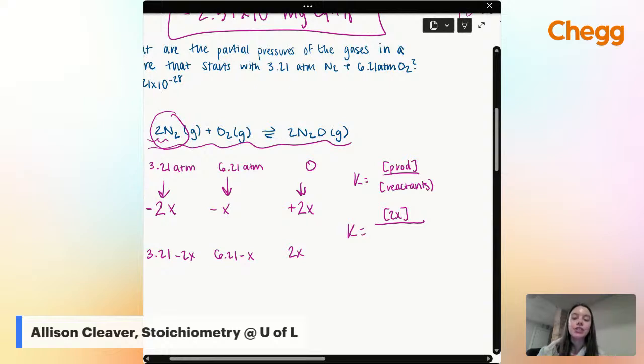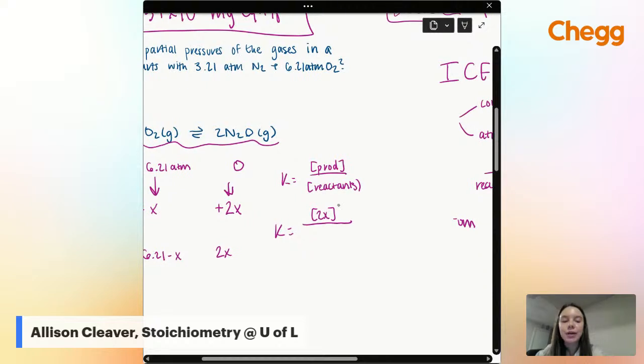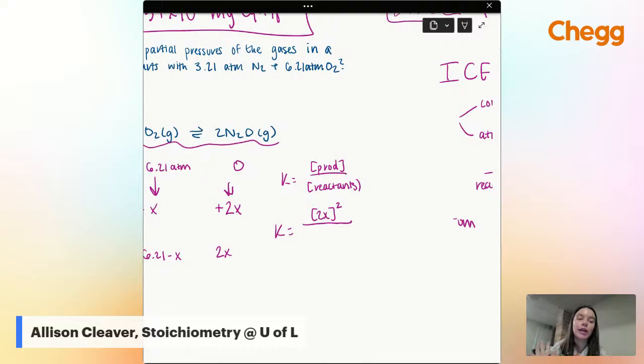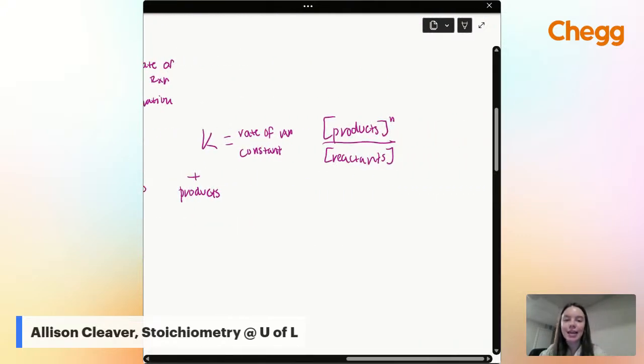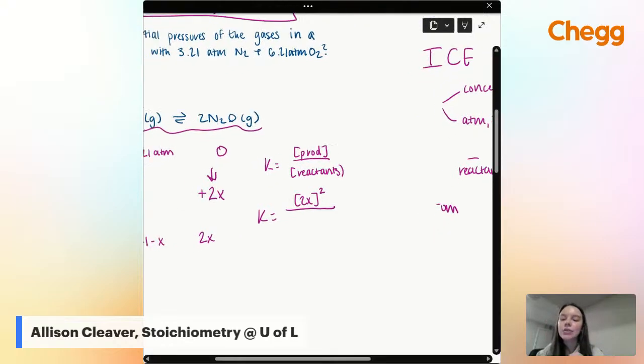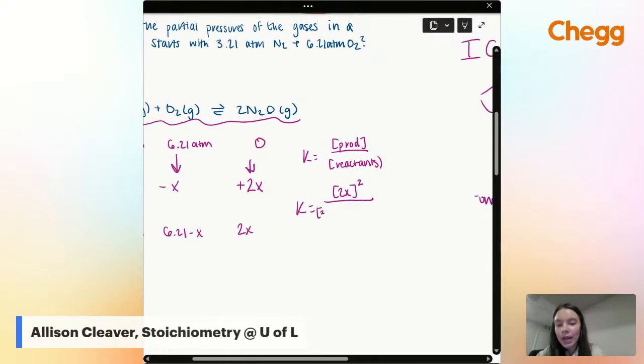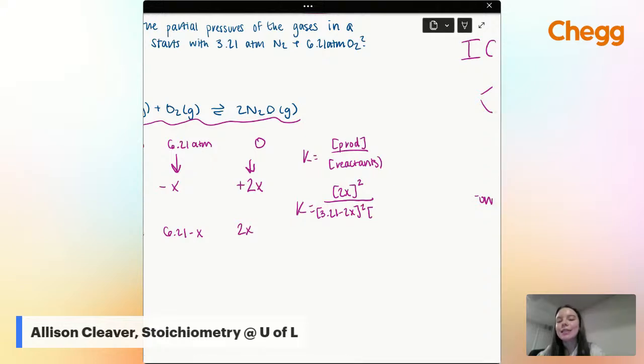Now, that coefficient comes into play again because we have to write a square. If the coefficient is not 1, there's an exponent. That's why I think we wrote over here the nth power. N is whatever the coefficient is. That's the power of what's in the brackets. So we do that squared. And then on the bottom, where we have 3.21 minus 2x, that will also be squared. And then 6.21 minus x.